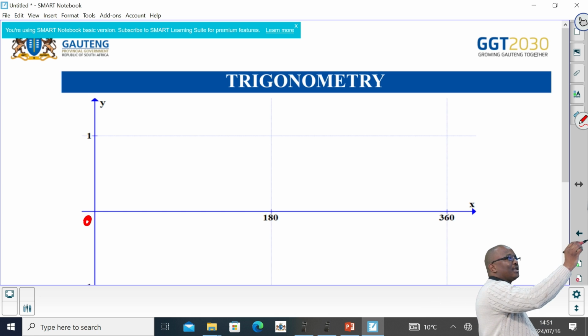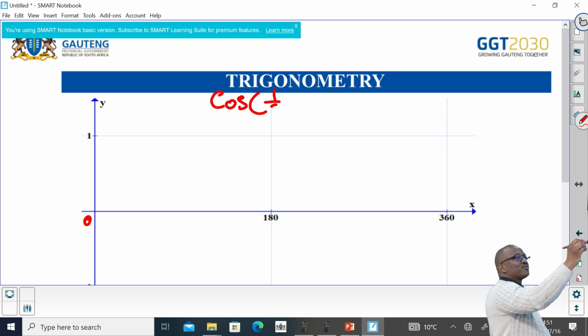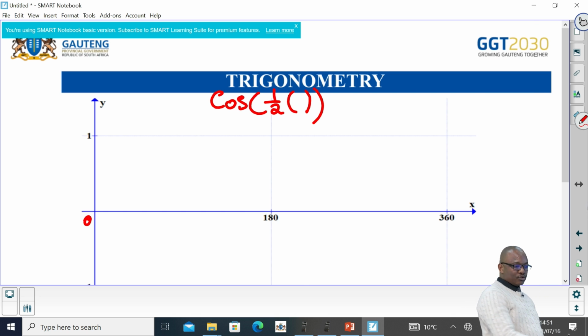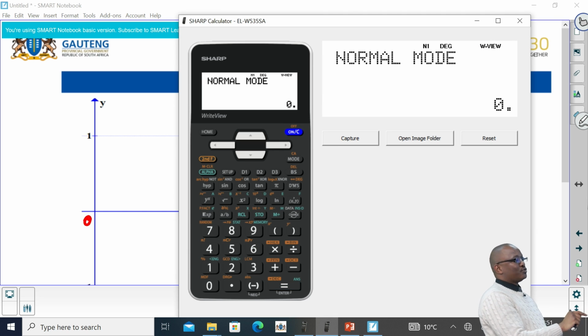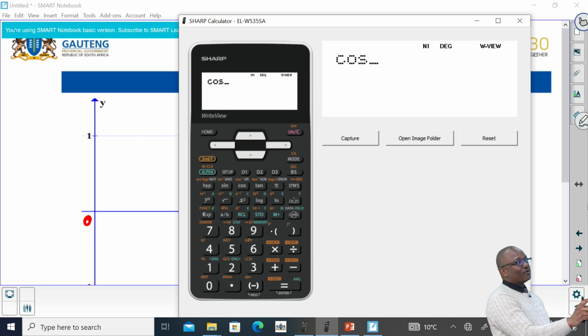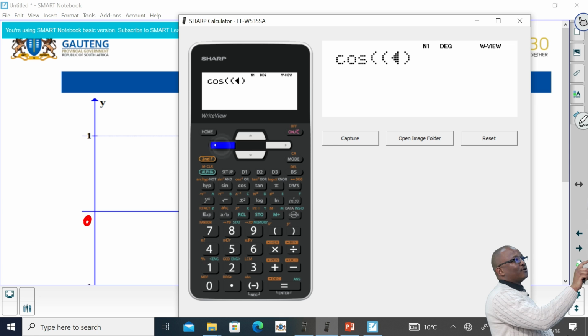So now, in your calculator, you will have cos, 1 over 2, open bracket, close bracket, and close bracket again. So that's how you are going to punch this type of graph inside your calculator.